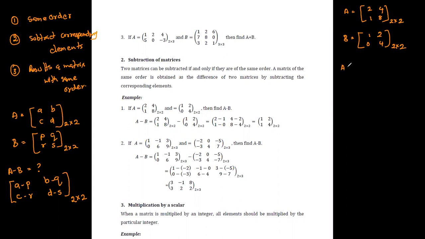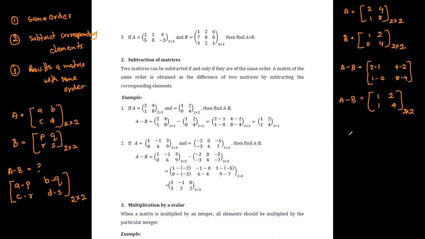If you are asked to perform A minus B, first we need to check whether the matrices are of the same order. Since they are, we can subtract the corresponding elements. Then we get 2 minus 1, 4 minus 2, 1 minus 0, and 8 minus 4. Therefore, A minus B is the 2 by 2 matrix 1, 2, 1 and 4.